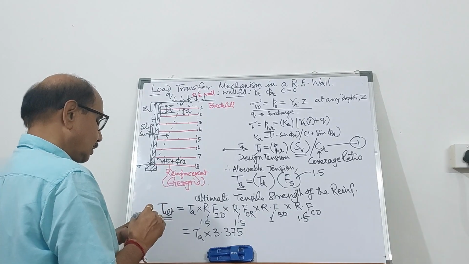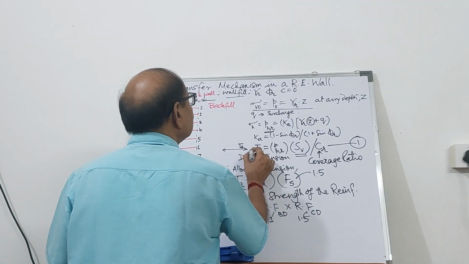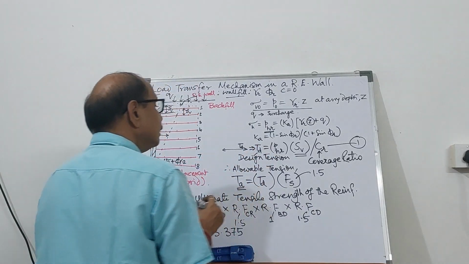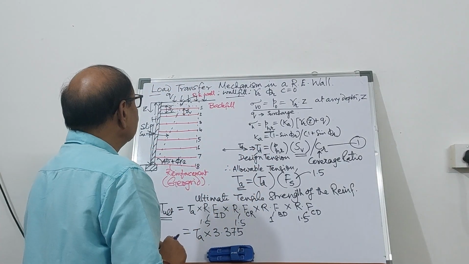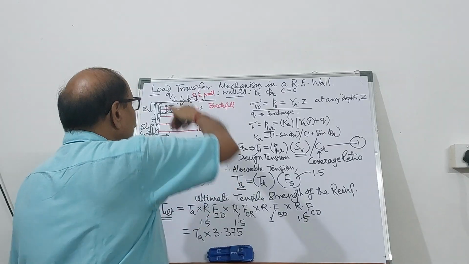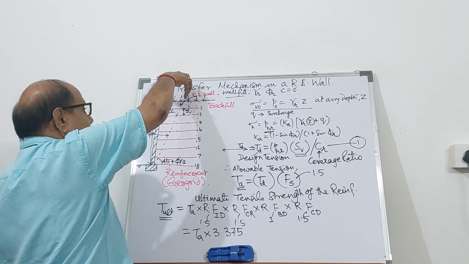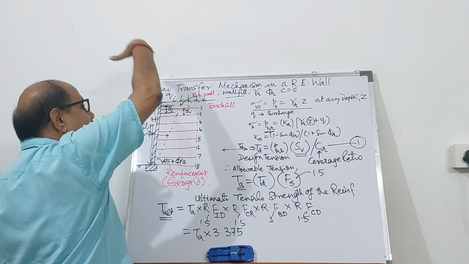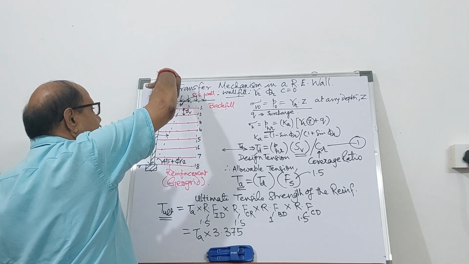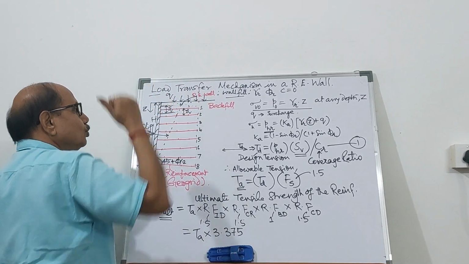So friends, this is a very important expression that you should remember, and that is how the load is going to be transferred due to surcharge, due to overburden in the wall fill zone.